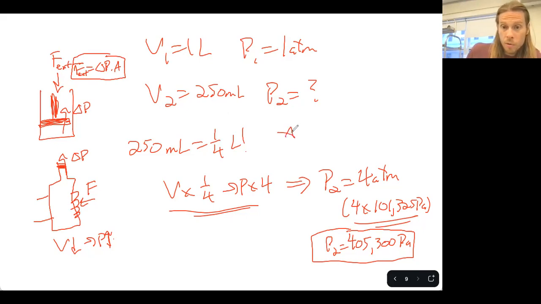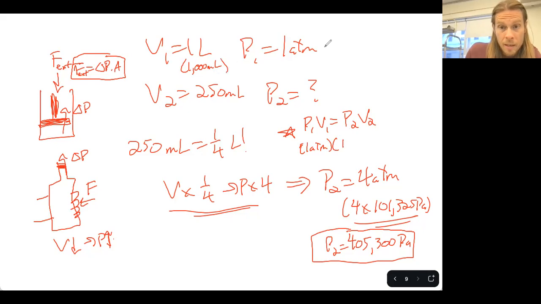If you wanted to do this with just the equation, you would do P1 V1 equals P2 V2. Again, you can use converted units or not, but you do need to convert one of these to liters or one of these to milliliters. Maybe you can convert this to milliliters and write 1 atm times volume 1.